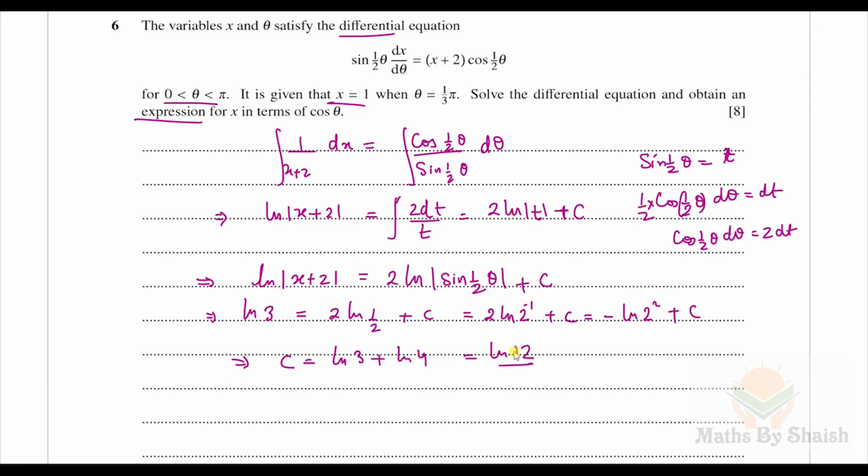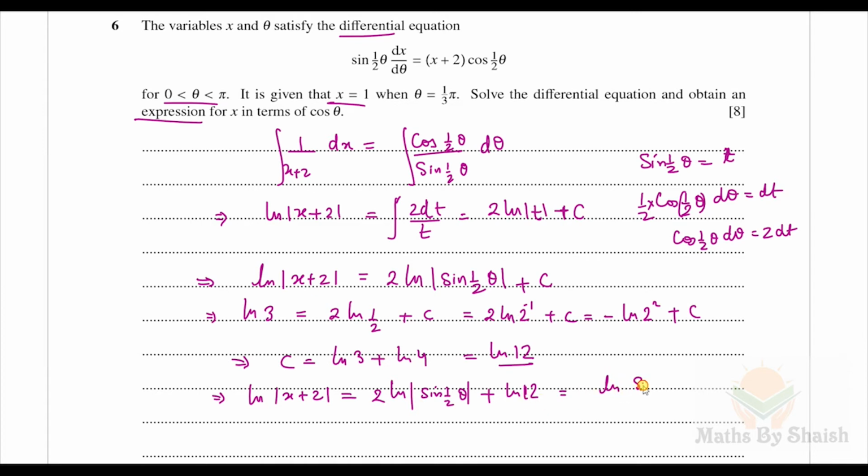Once c is equal to ln 12, we'll replace it here and we'll get ln modulus x plus 2 is equal to 2 times ln sin half theta plus ln 12.